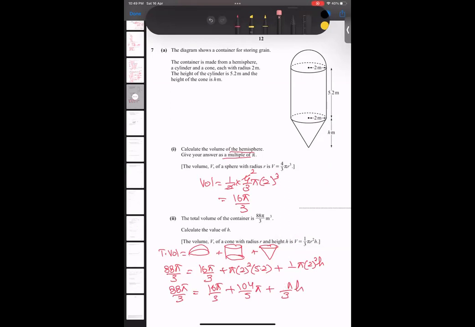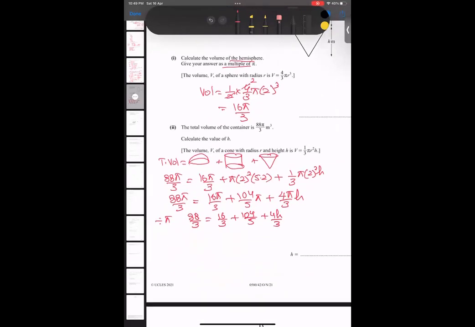So you can see that pi, wait a minute. Okay, sorry. Yeah, you can see that pi and pi, throughout pi is involved. So can I divide the whole equation by pi? Yes. 16 over 3, 104 over 5, and 4h over 3.